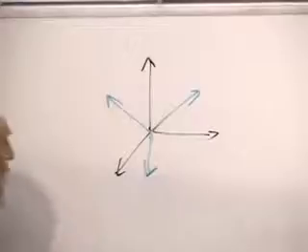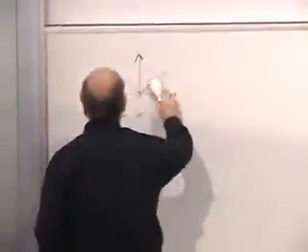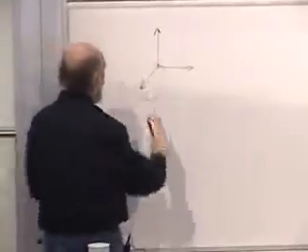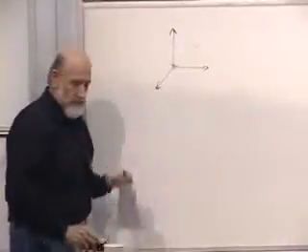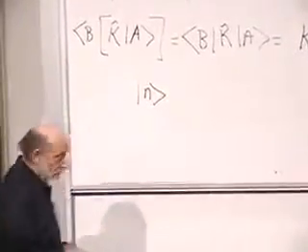And these are two different bases, the blue basis and the black basis. Let's pick a basis of vectors. So let's erase the blue basis and simply enumerate the basis vectors 1, 2, and 3, for example. And that's the collection of ket vectors n.